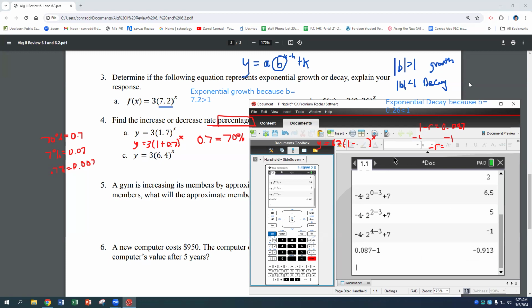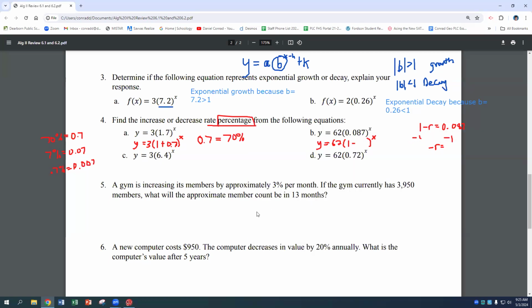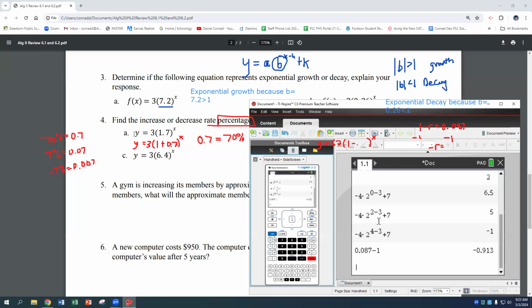Right? Okay. And we get negative 0.913. You multiply by negative 1 on each side, you get 0.0913.